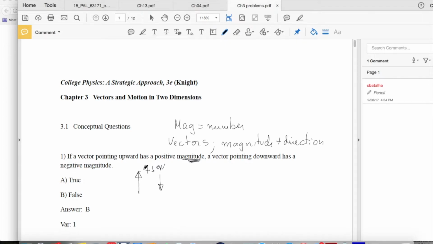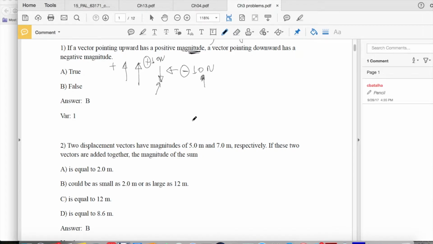This plus is not because of magnitude, it is the direction, if you call upward the positive direction. And therefore this vector is indicated by, let's say, negative 10 newtons. This negative is associated with the orientation, not with the number. So magnitude cannot be negative.